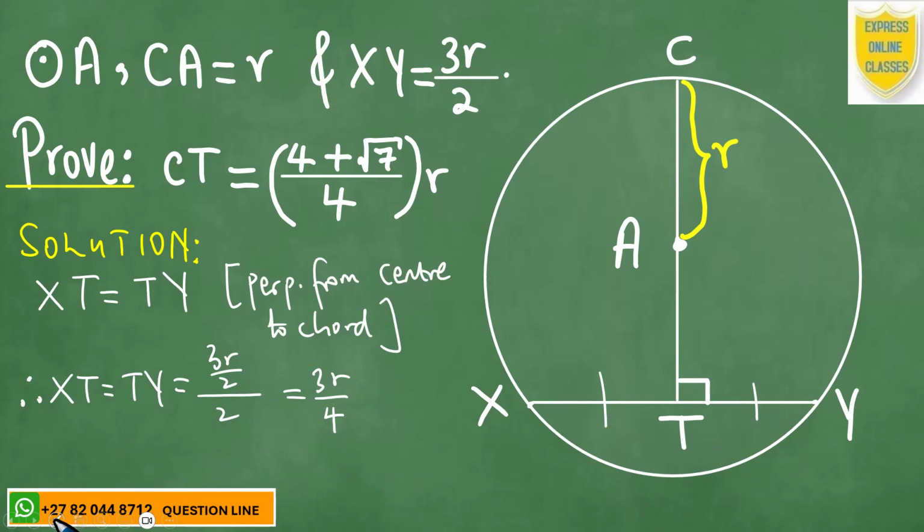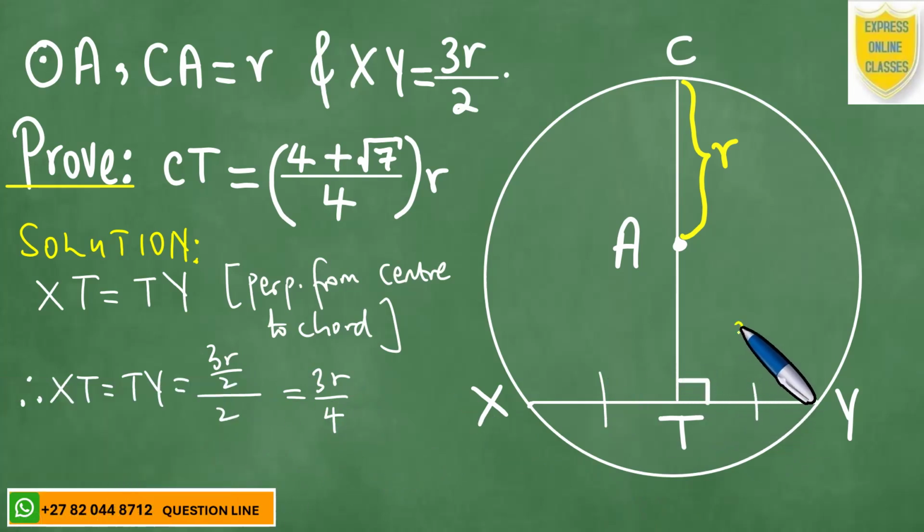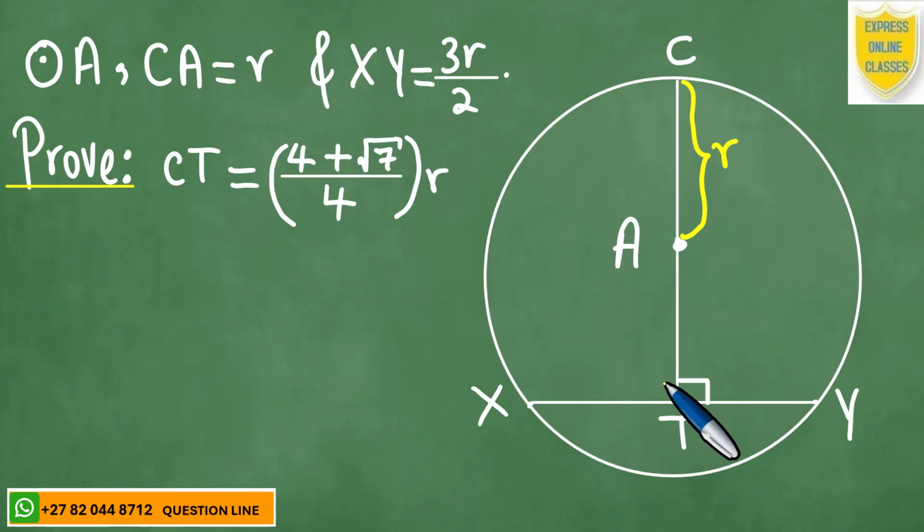Immediately, we realize that this is 3r out of 4, and this is also 3r out of 4.